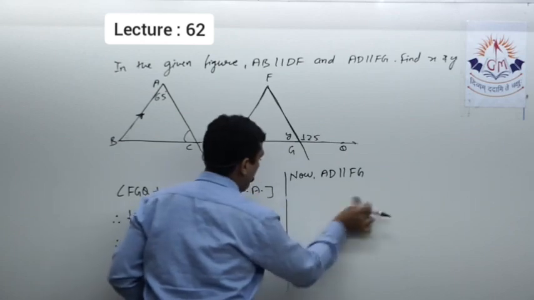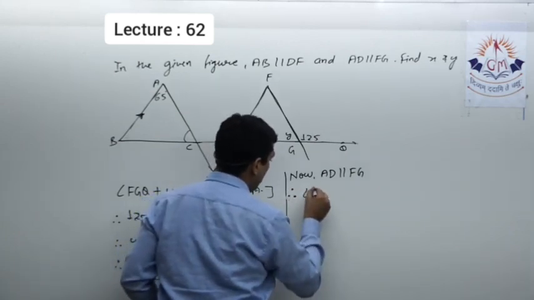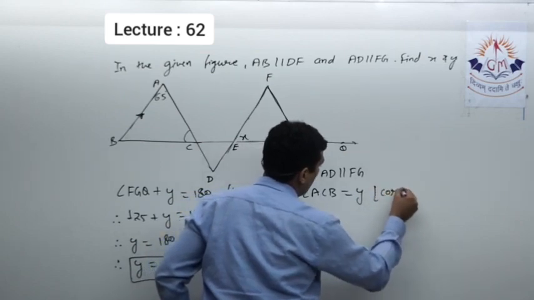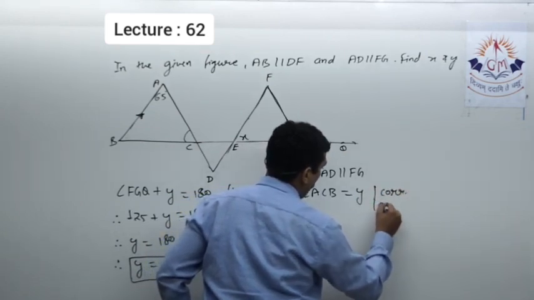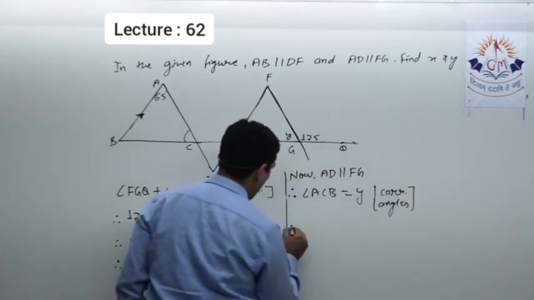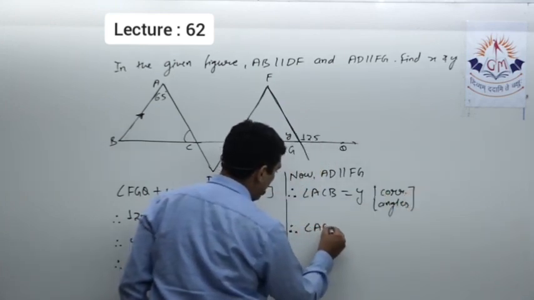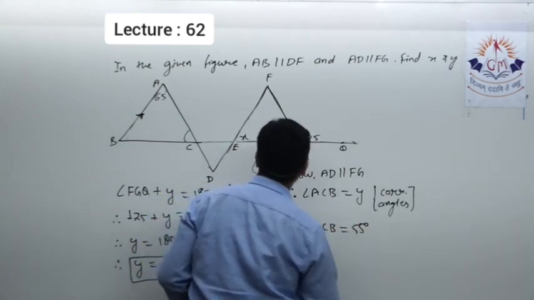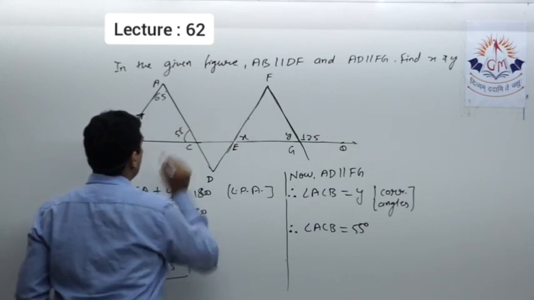Therefore angle ACB is equal to Y, reason: corresponding angles. So here I can say angle ACB is equal to 55 degrees.